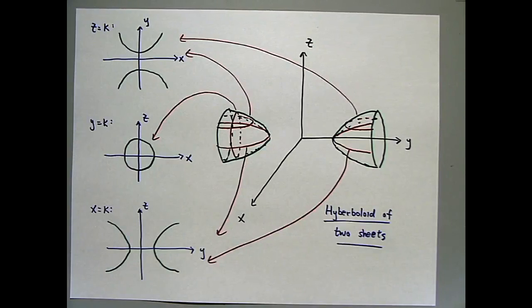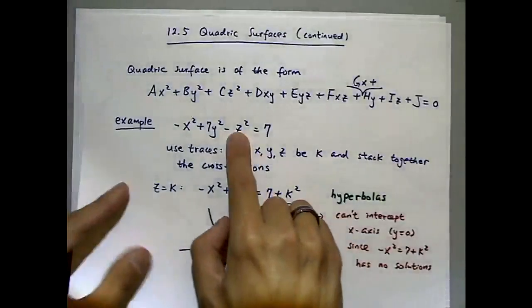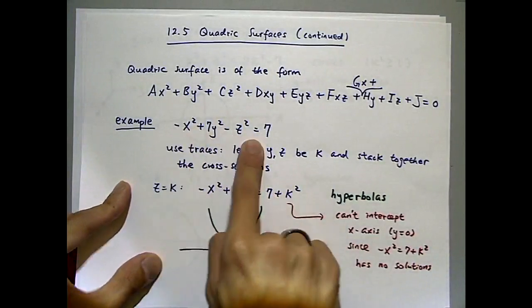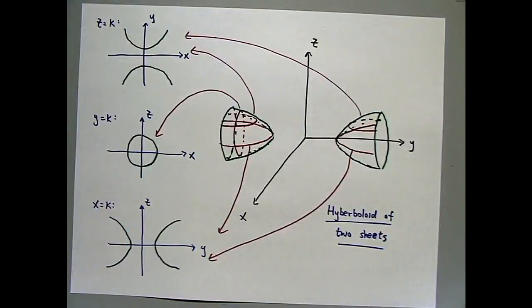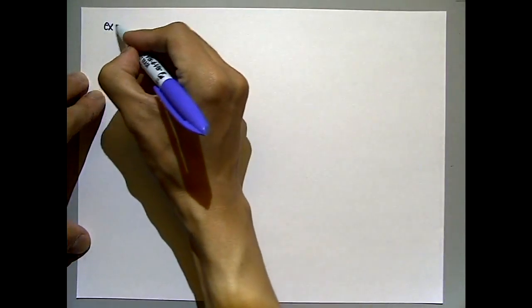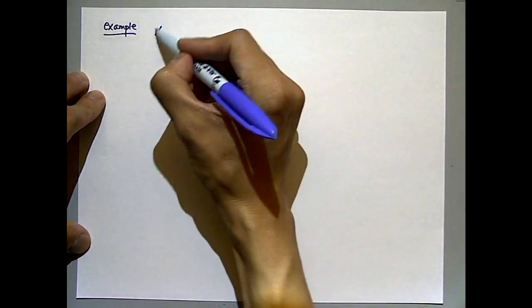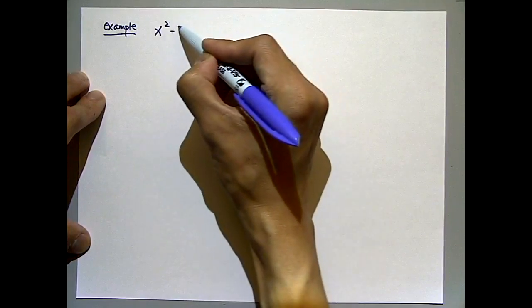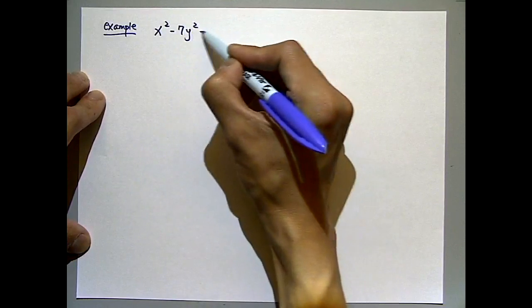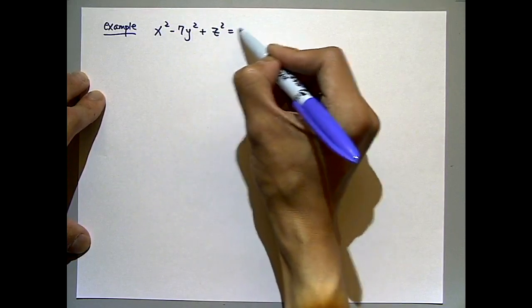Okay, now the next example here, I'm going to change the sign of a couple of these things. So, and we'll see what happens when we do that. This time I want x squared to be positive, I want y squared to be negative, and a positive z squared.